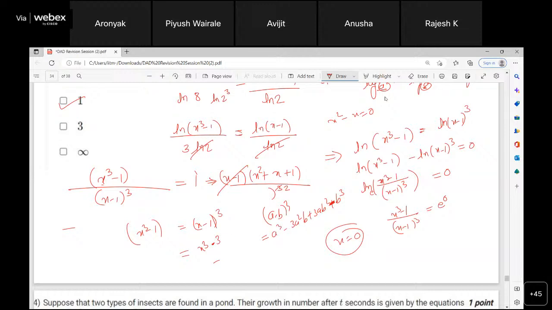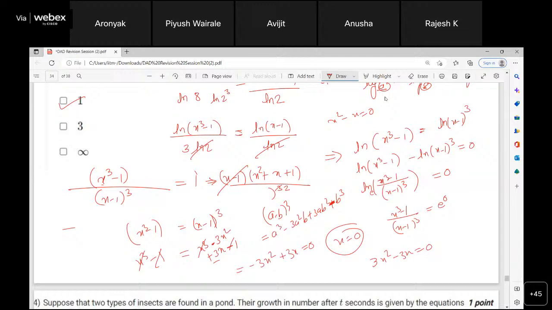So on the left, x cube minus 1, and the x cube and minus 1 will get cancelled. So minus 3x square plus 3x equals 0, so 3x square minus 3x equals 0.